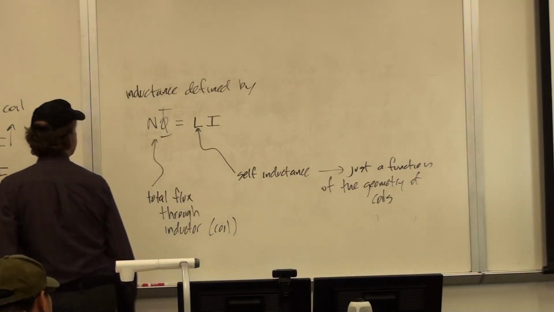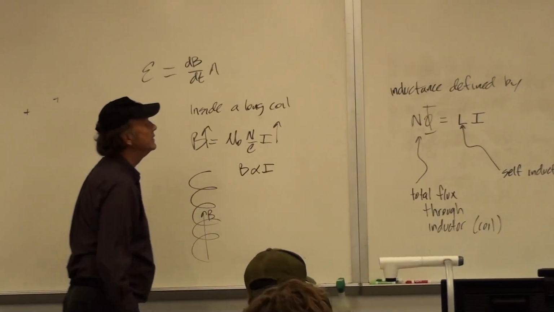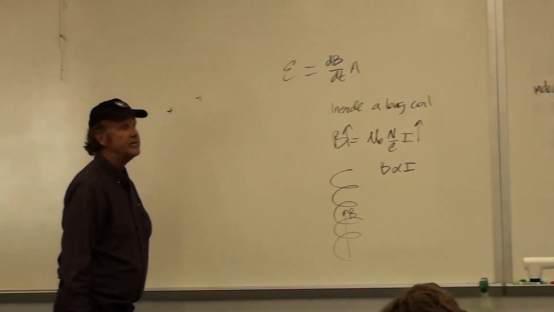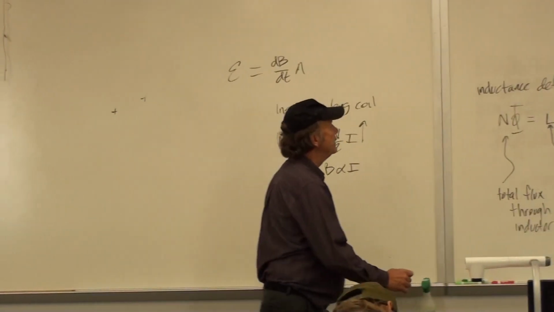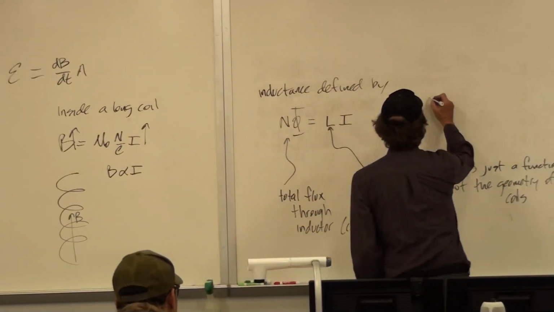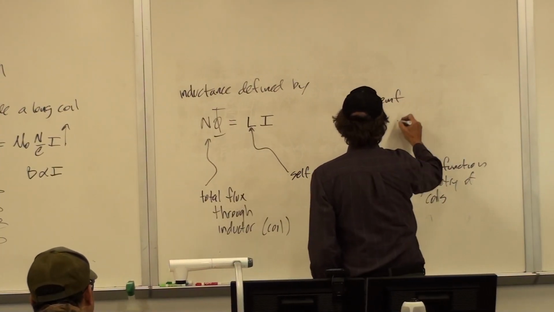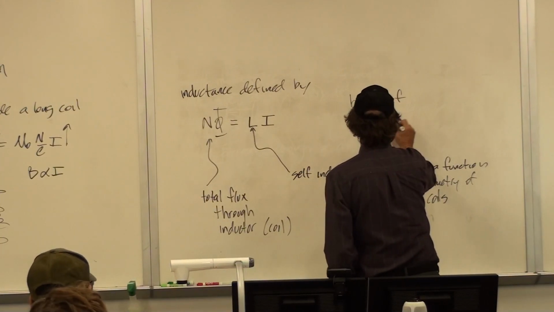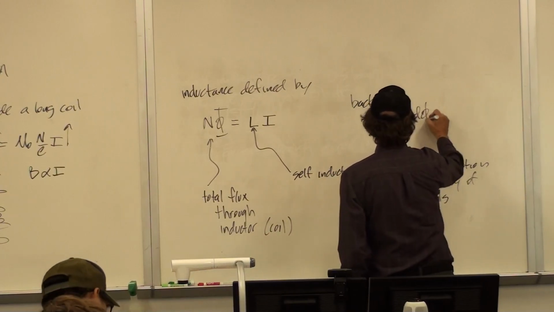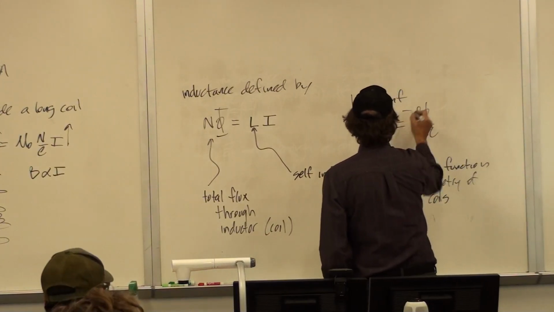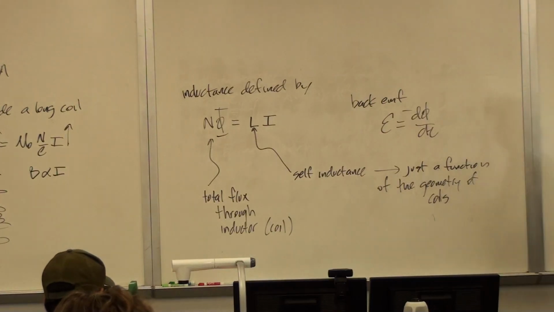Now, how does this help us by defining it this way? Well, where we're eventually going to go with this is we'll get the back EMF is going to be defined by minus d flux/dt.